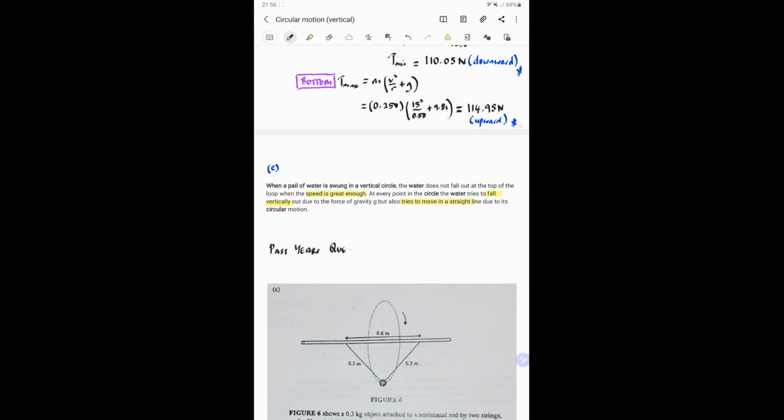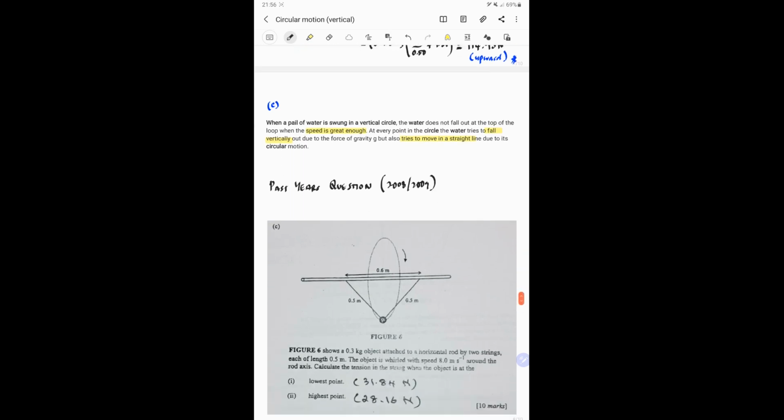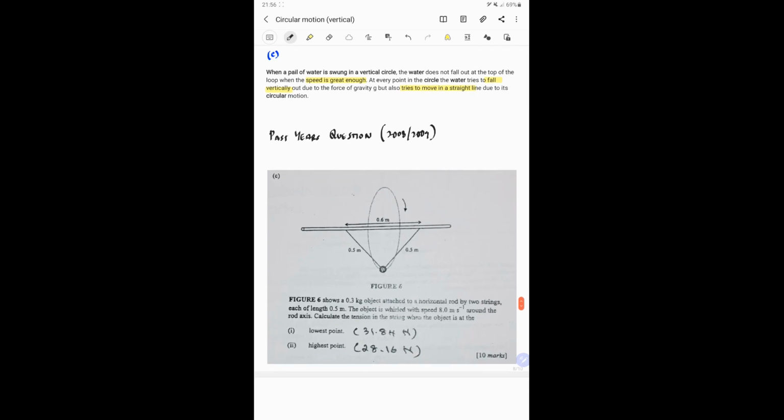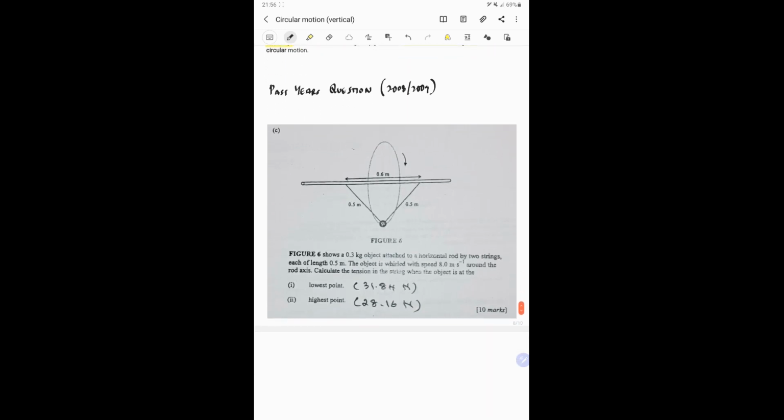Okay, so what is the question? Okay, it's quite interesting. Okay, so figure 6 shows a 0.3 kilogram object attached to a horizontal rod.